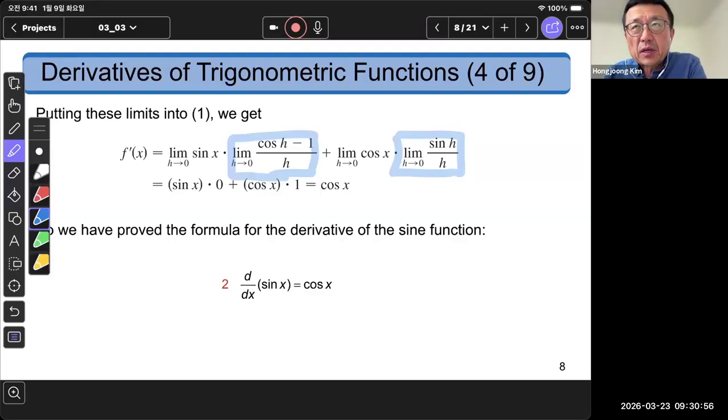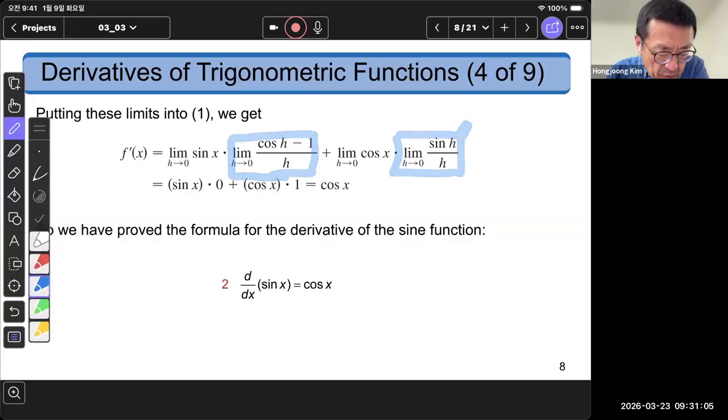The limit of sine h over h as h goes to 0 will always be 1. Please remember this. And the limit of cosine h minus 1 over h will be 0. Please remember this, especially if you came from engineering departments.